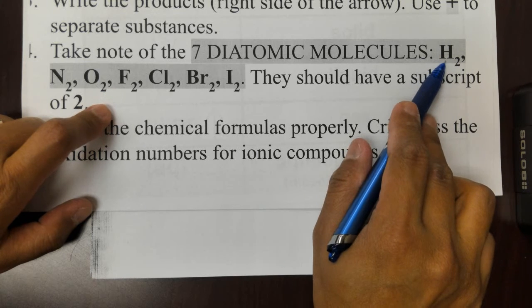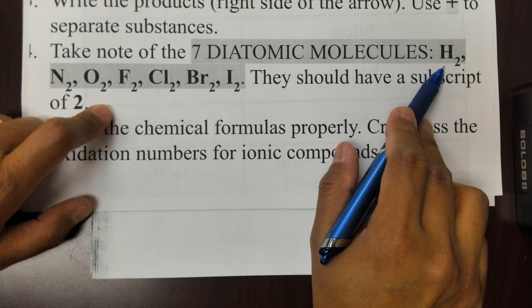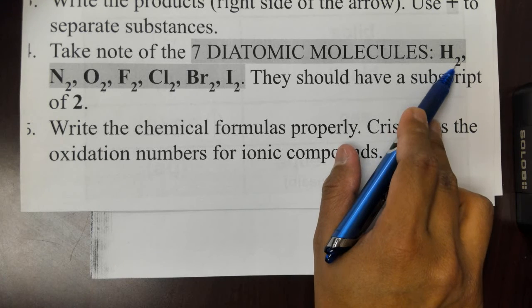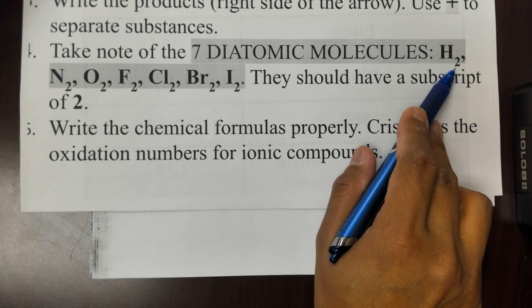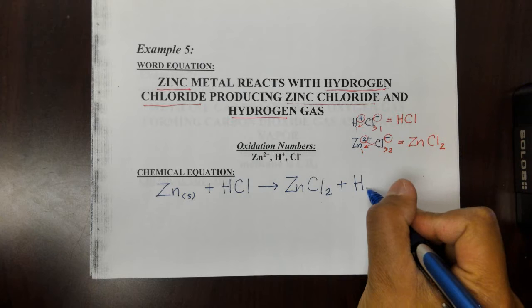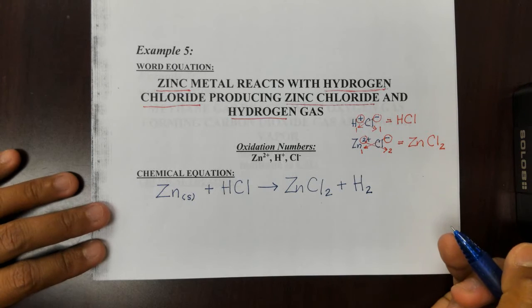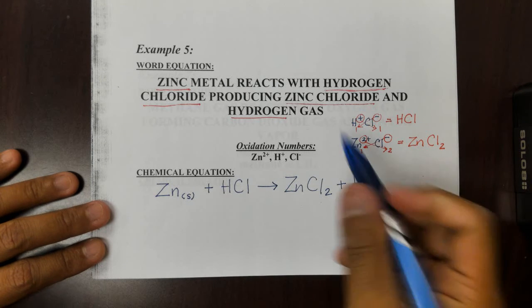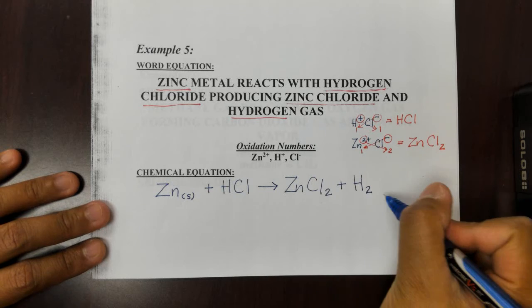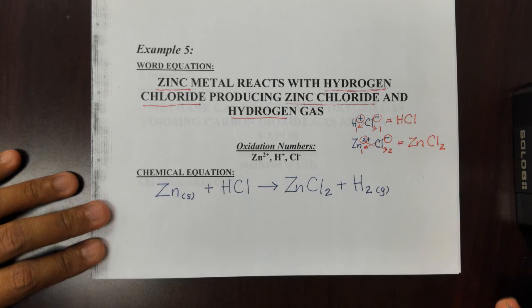Hydrogen is the first in the list. It's here. So therefore, hydrogen should carry a subscript of 2. So we will put 2 here, because it's part of the special 7 and there's the word gas, so that means G has to be placed there.